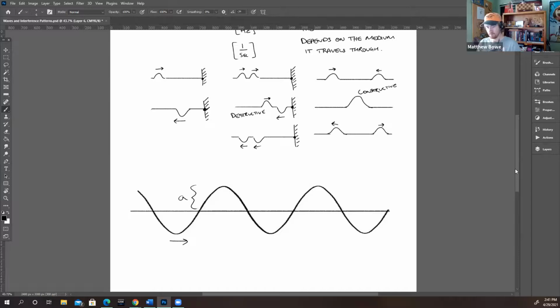So let's find a spot. Let me pick an arbitrary spot right here, and I'm going to measure that way. So starting right here, let's find one wavelength, which means I'm going to go along this wave until it starts to repeat again.